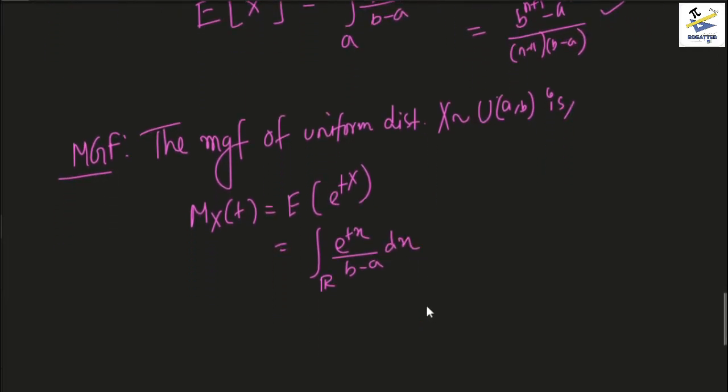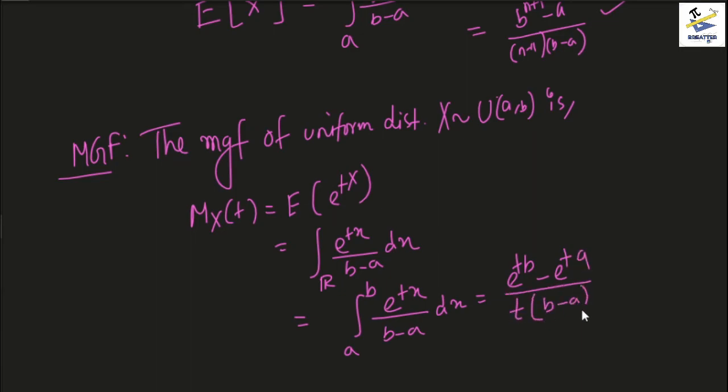Now since the integration region is just a to b, this equals the integral from a to b of e to the power tx by b minus a dx, and this would give you e to the power tb minus e to the power ta by t into b minus a.